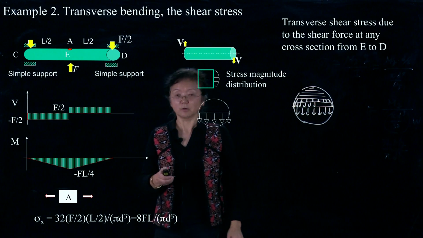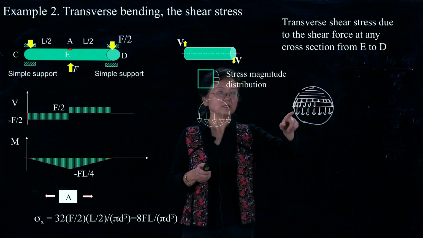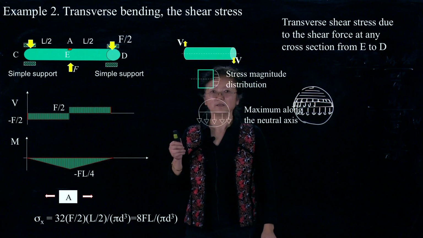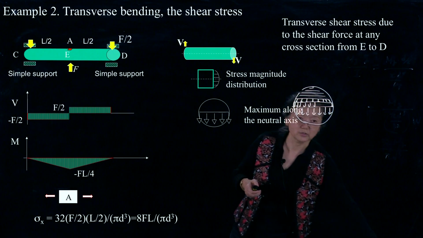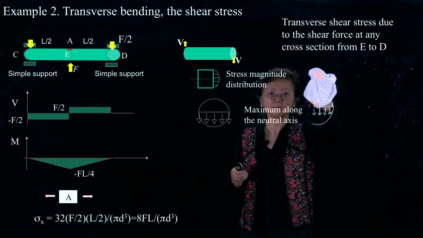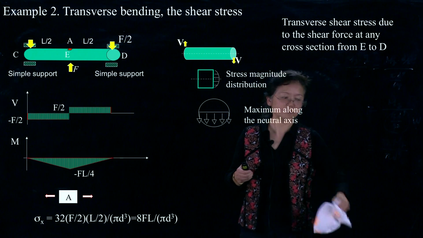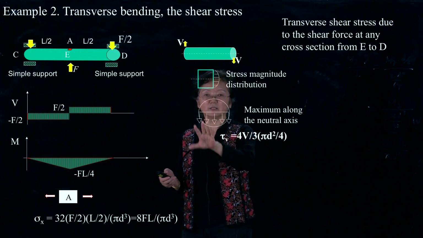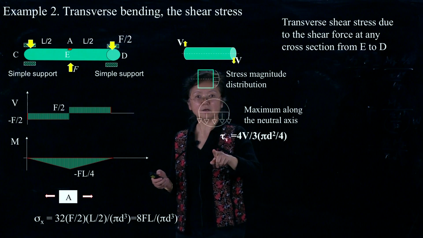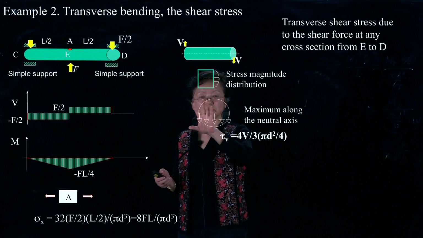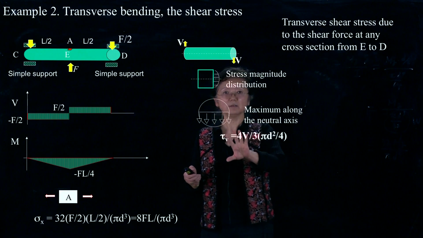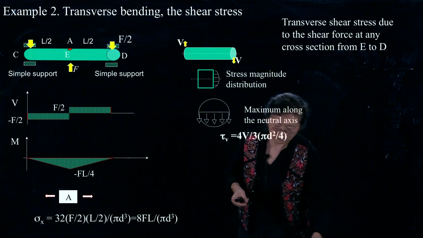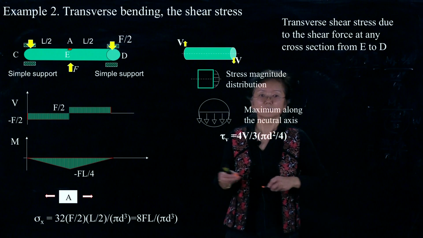All right, so what is of our interest is the largest value, which is along the neutral axis. All right, so the maximum shear stress is along the neutral axis. And how large? That is the shear stress. I use tau, and V means due to shear force V. All right, 4 times shear force divided by 3 times the cross-sectional area, which we can write simply as this.